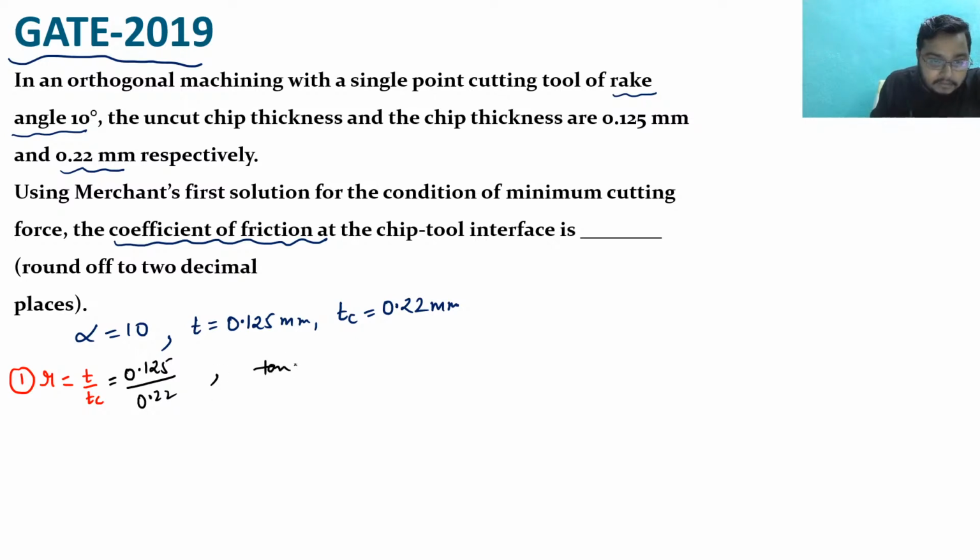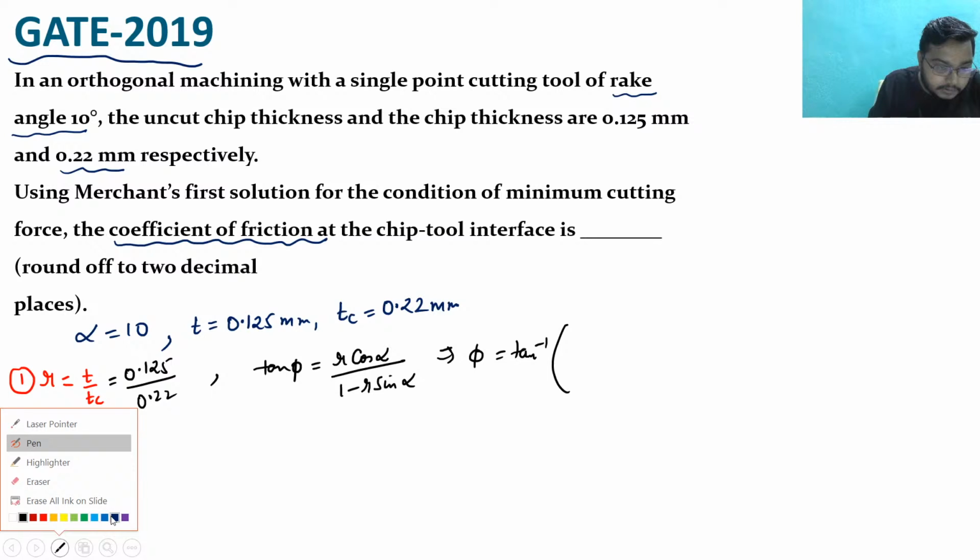Next is tan phi. Tan phi is equal to R cos alpha by 1 minus R sin alpha. So from here you can calculate the phi value, because alpha is 10. So phi would be tan inverse of R cos alpha by 1 minus R sin alpha, where R is 0.125 by 0.22, which is 0.5682.